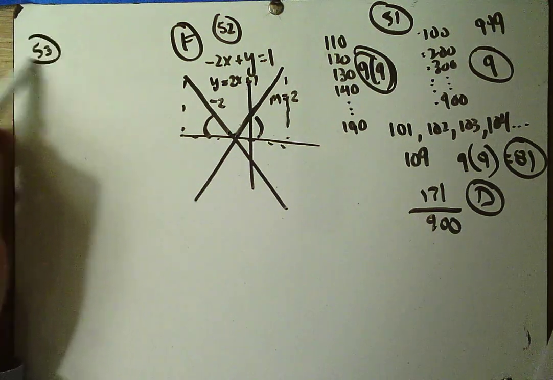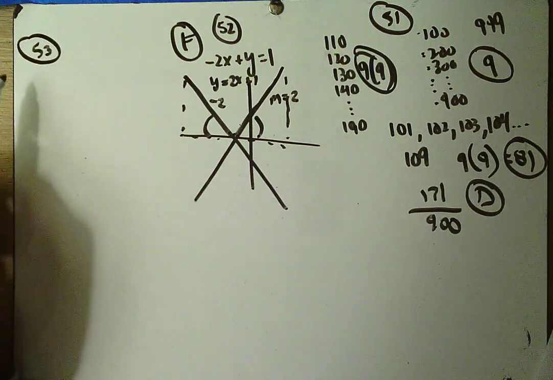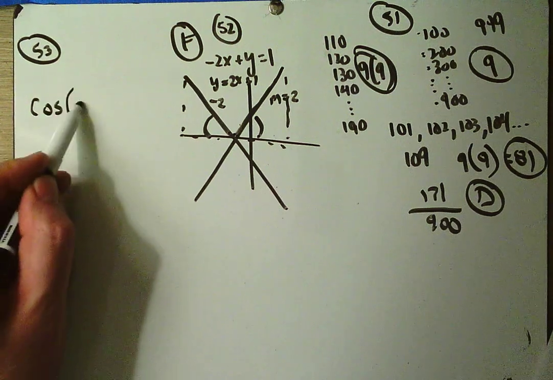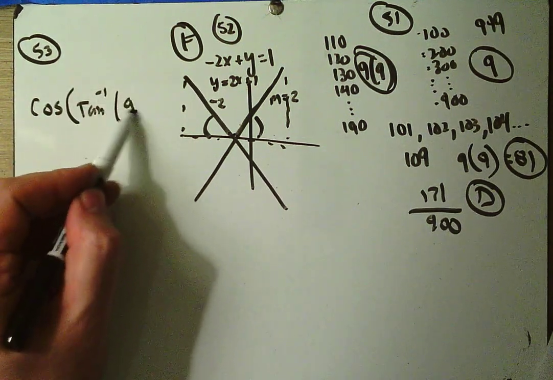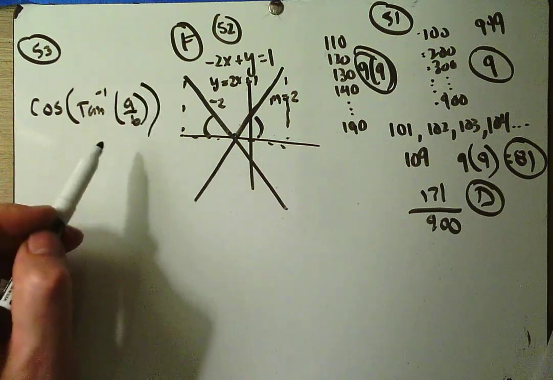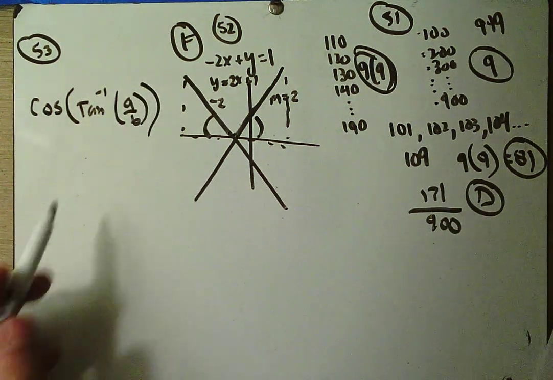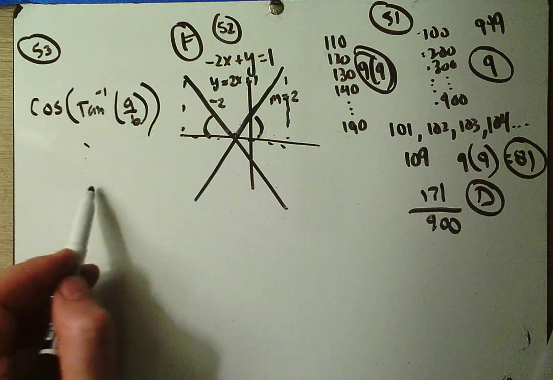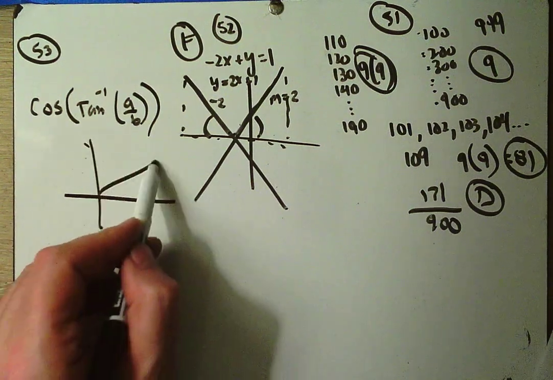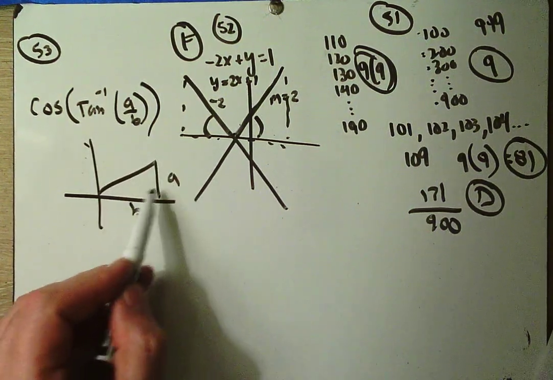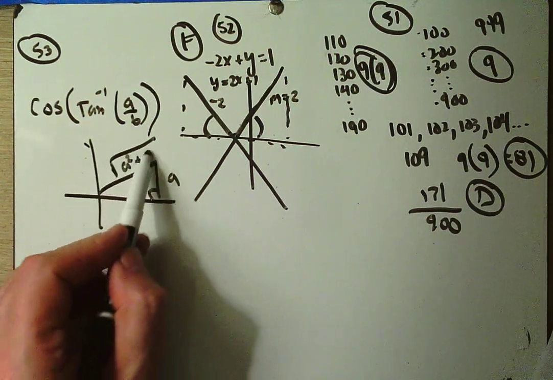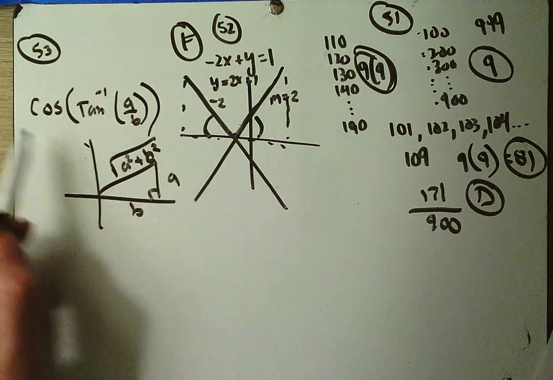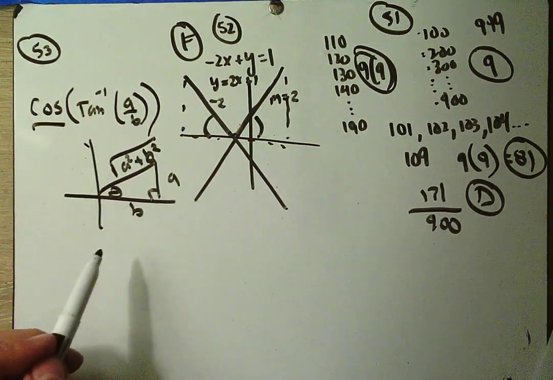53. Triangle below, we're looking for the cosine of tangent inverse of A over B. Okay, so when I think about tangent A over B and find the missing side using the Pythagorean theorem, and now say, what's the cosine of that angle?